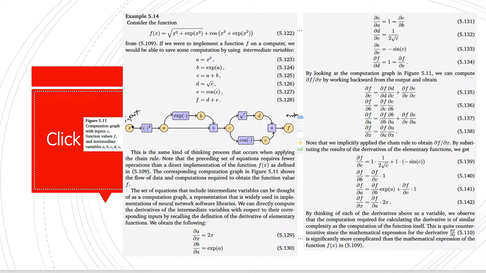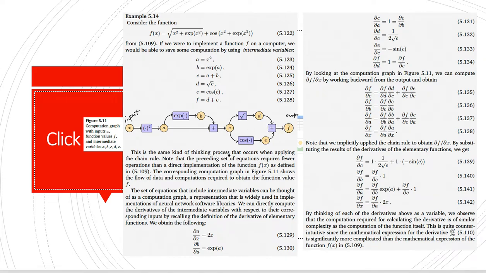When we multiply the input with itself, we get a. Then we apply the exponential to a, and we get b. To get c, we add a and b. From c, when we do the square root, we get d. For e, when we apply the cosine to c, we get e. Then we add up d and e, and we get the output.